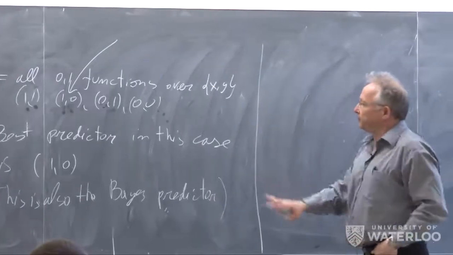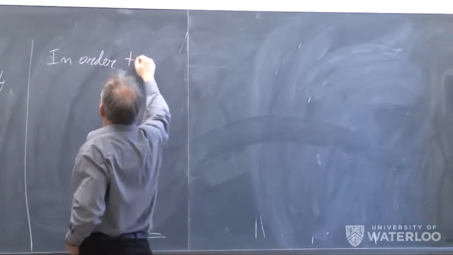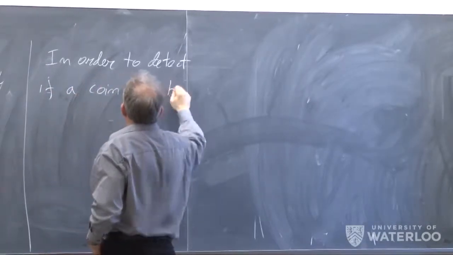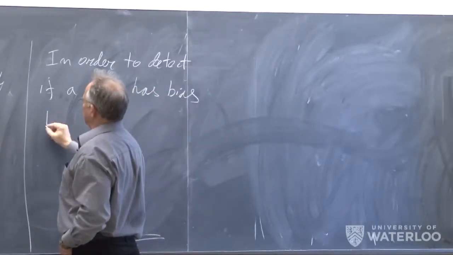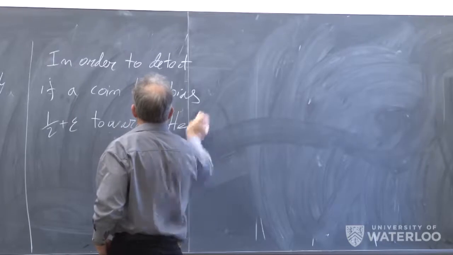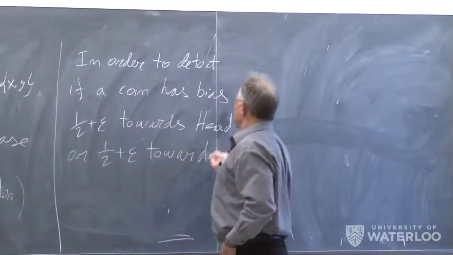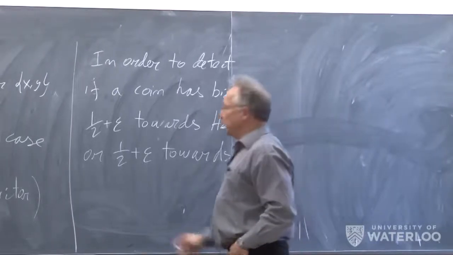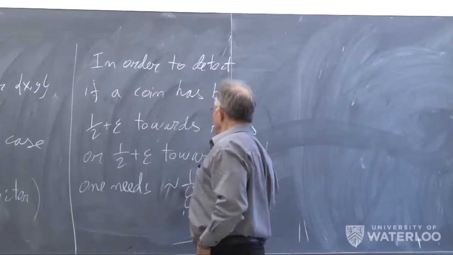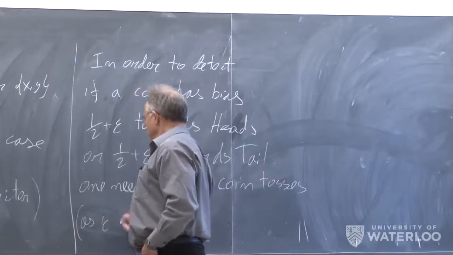It turns out, and this is something from probability theory that I'm not going to get into, that in order to detect if a coin has bias half plus epsilon towards heads, or half plus epsilon towards tails, one needs roughly 1 over epsilon squared coin tosses as epsilon gets small.